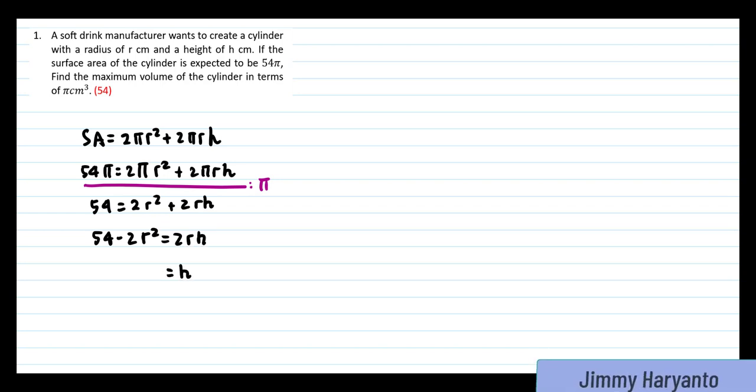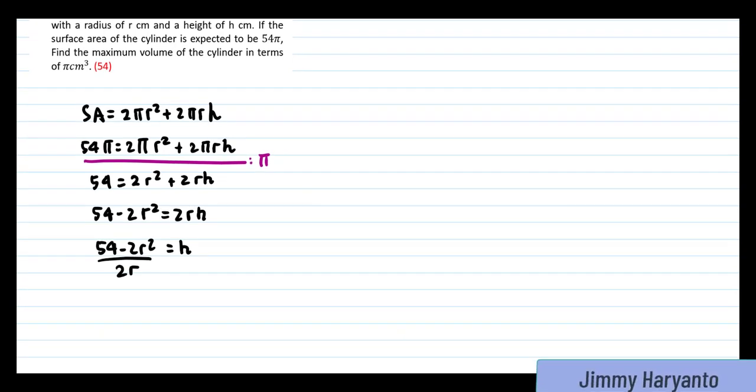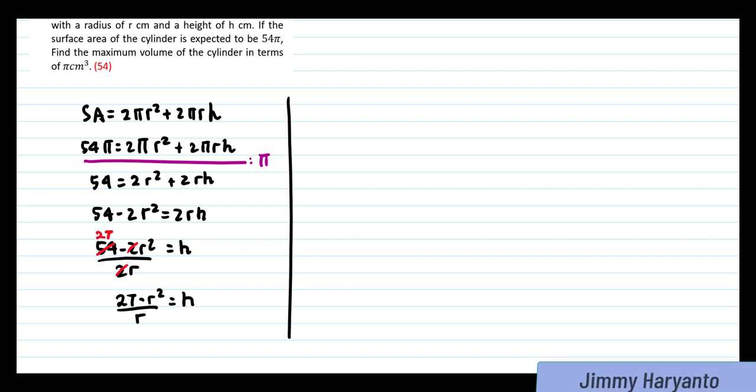It means h equals 54 minus 2r square over 2r, and then you can simplify these numbers by dividing them all by 2. That means you will have h equals 27 minus r square over r. There you go, you already have the height.